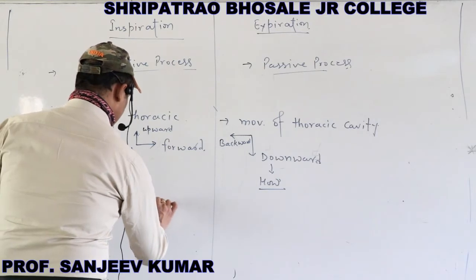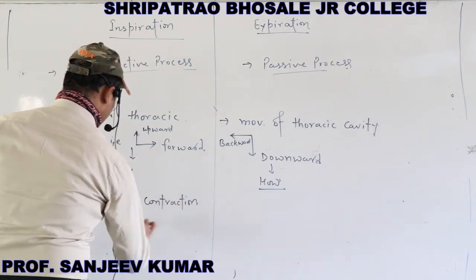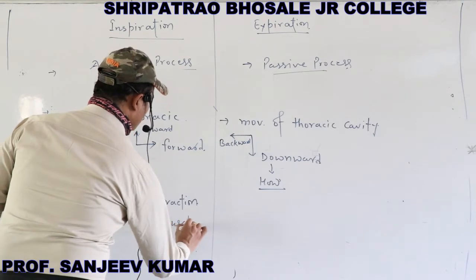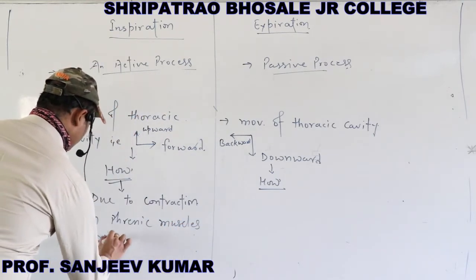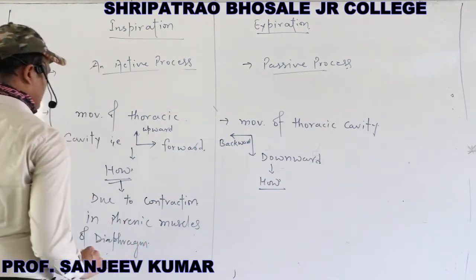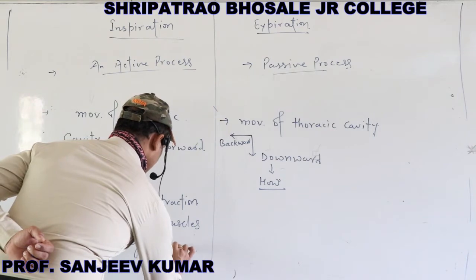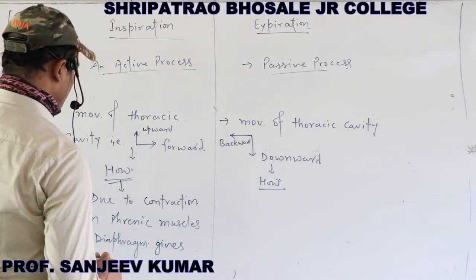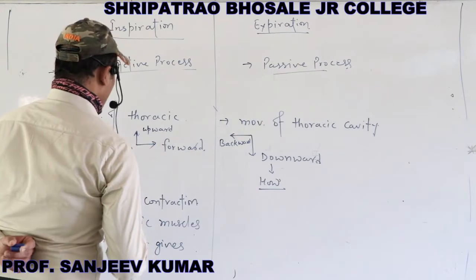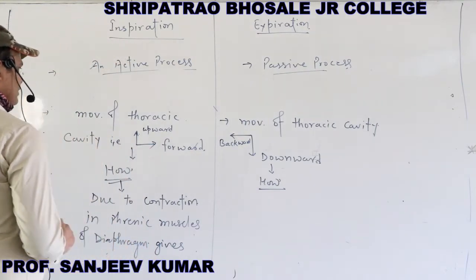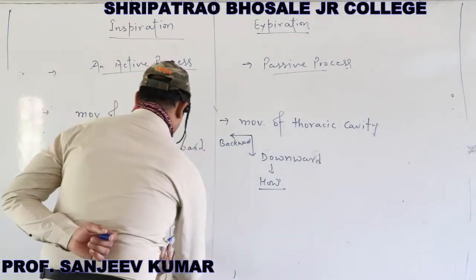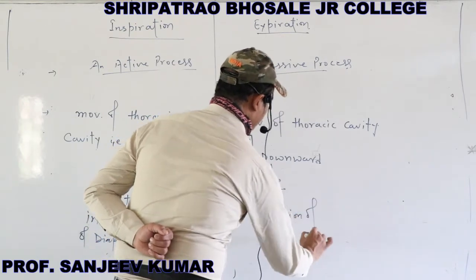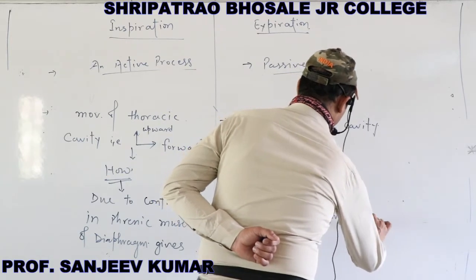Contraction in phrenic muscles of the diaphragm gives the downward movement, and relaxation of phrenic muscles gives the upward movement.